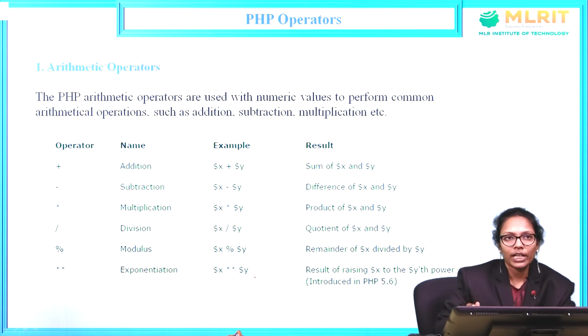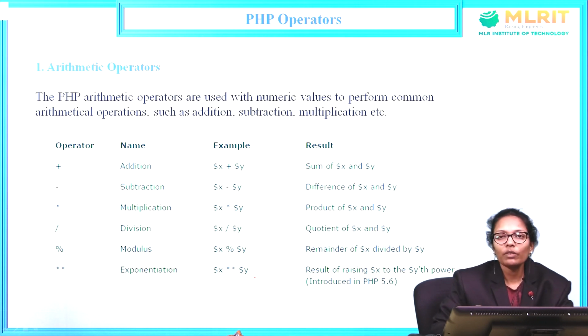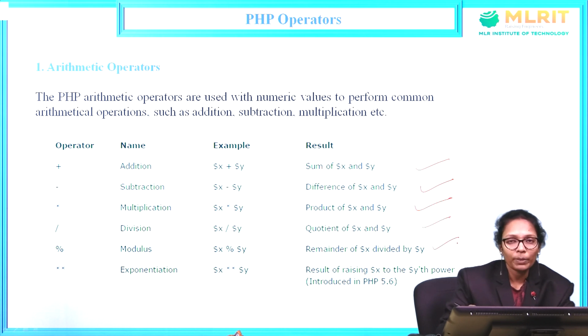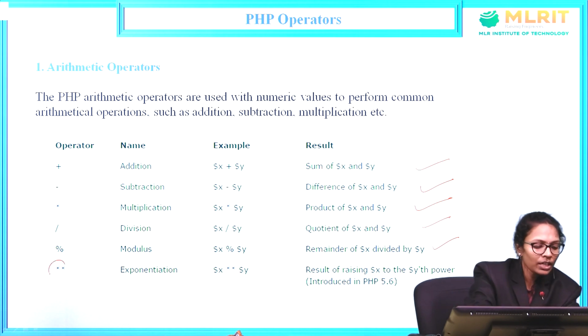So coming to the arithmetic operators. We know we have so many arithmetic operators like addition, subtraction, multiplication, division, modulus division. We have the same operators here. But along with these operators, we also have an additional double star.